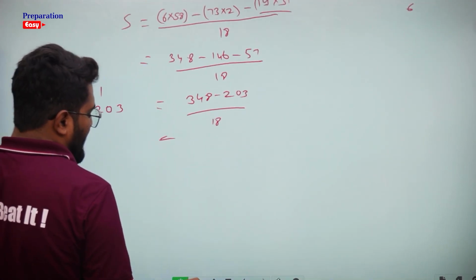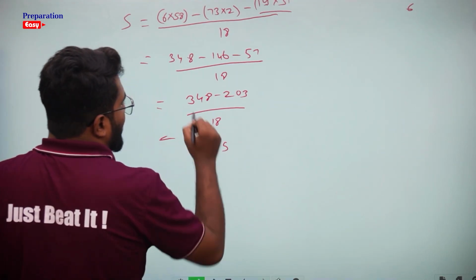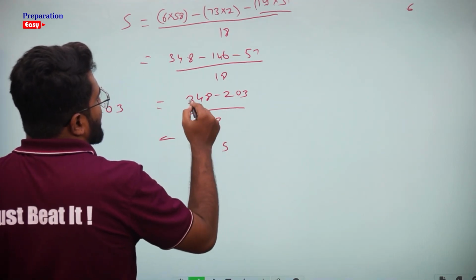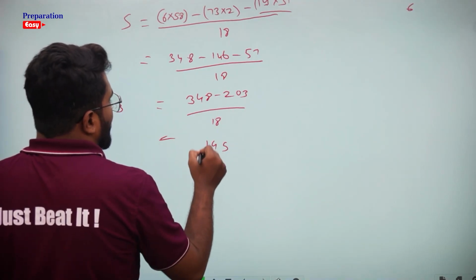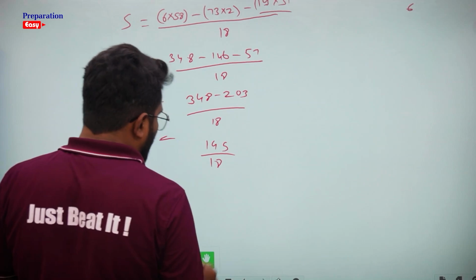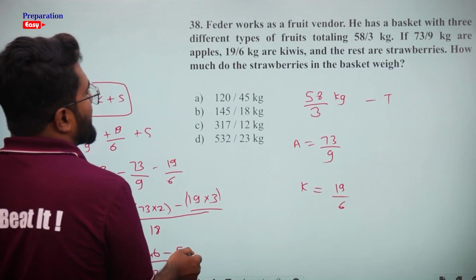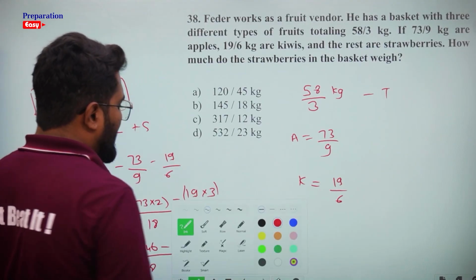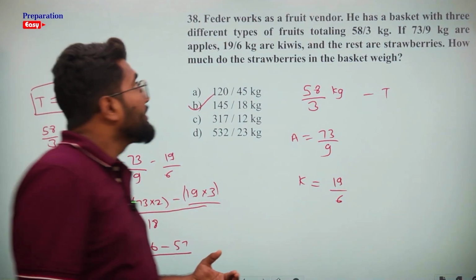So what will be our answer? 4 minus 0 not possible, so 14 minus, okay, sorry, 145 by 18 will be our answer. 145 by 18, is it there? Yes, option B will be our answer.